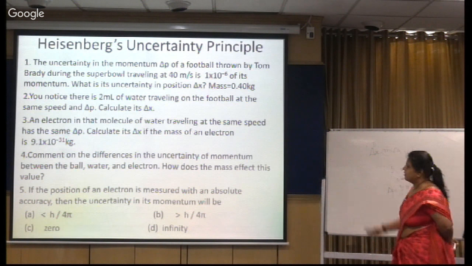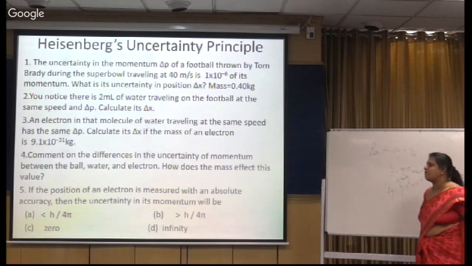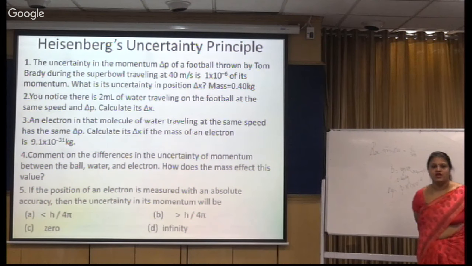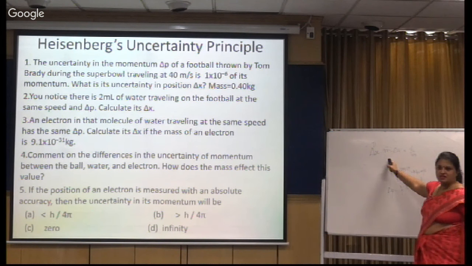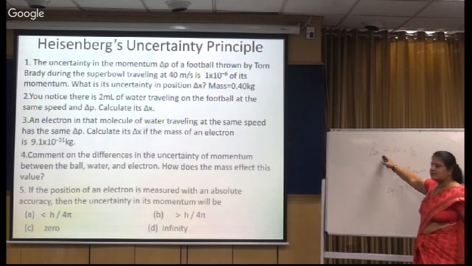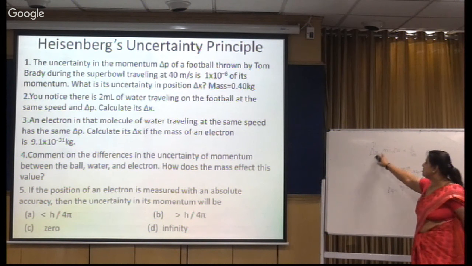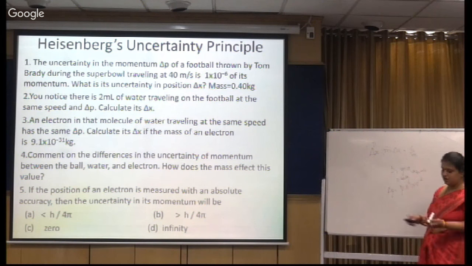Okay. So this was question number 4. Comment on the difference in the uncertainty of momentum between ball, water and electron. How does the mass affect this value? Okay, so the relationship is inverse, because mass will be in the denominator.